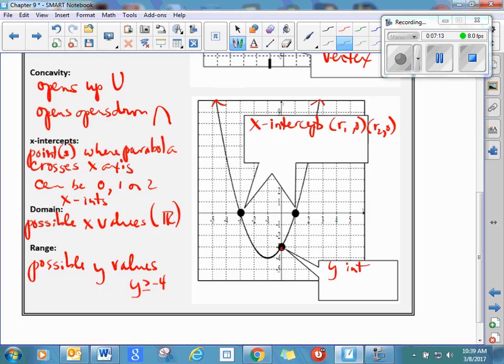This is where it crosses the y-axis, right there. We call that 0, b. You'll see these variables again in formulas, so we're going to go ahead and start using them here, but for you to know, these just represent ordered pairs.